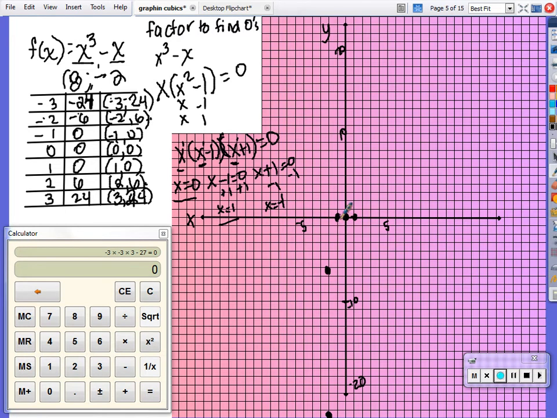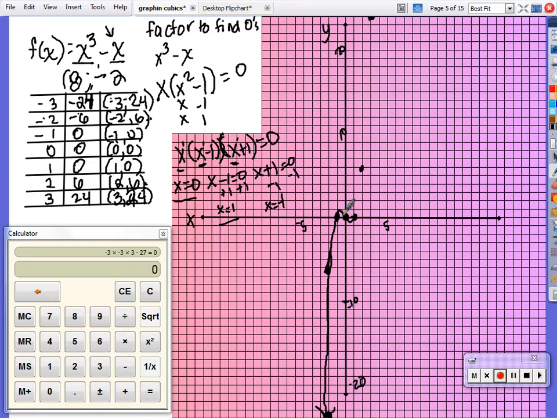And you know it's going to, because this is your C term, it's going to come up above just a little bit and cruise down just a little bit. So that's something you've got to remember from the applet that I wanted you to watch first with the little calculator video. Alright, and then it's going to mirror and do the same thing to 2, up 6, and then up 24 way up here.